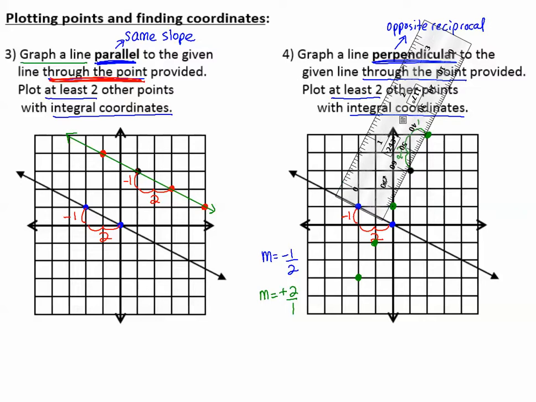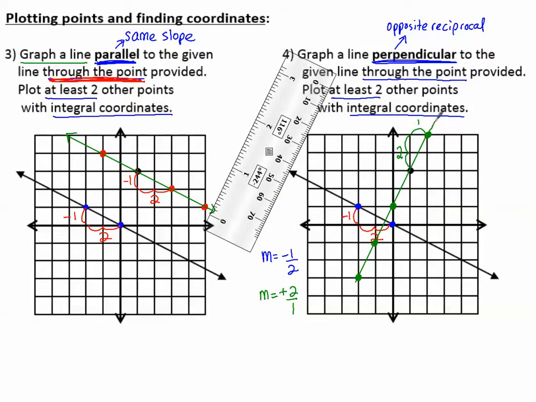There's one edge of the ruler and the other edge of the ruler lines up with those points. Now I'm going to use my ruler as a straight edge to draw my line. And we'll remember to draw our arrowheads.